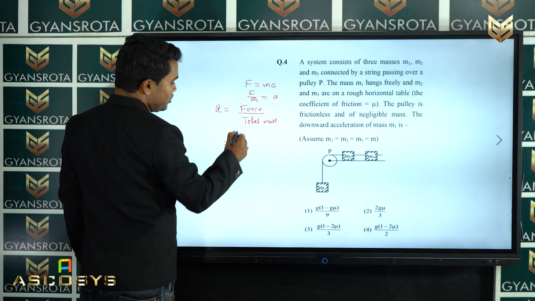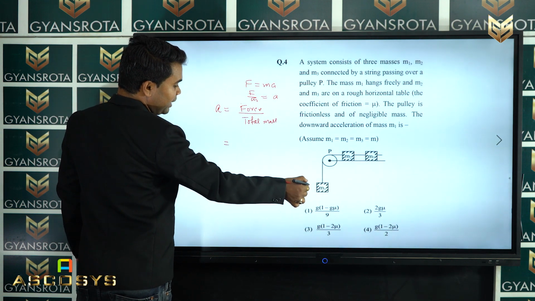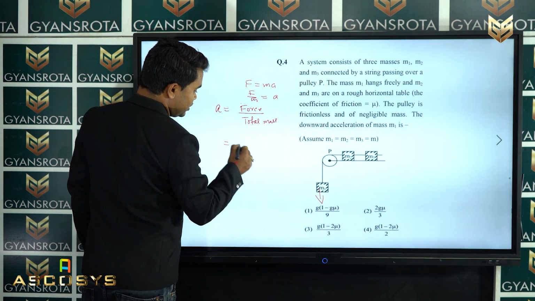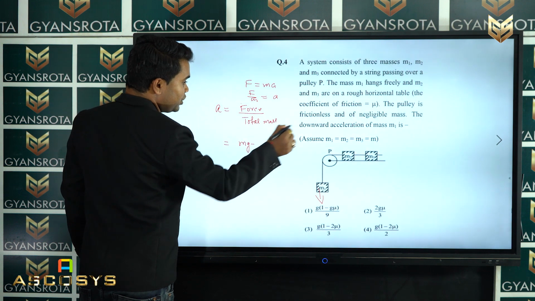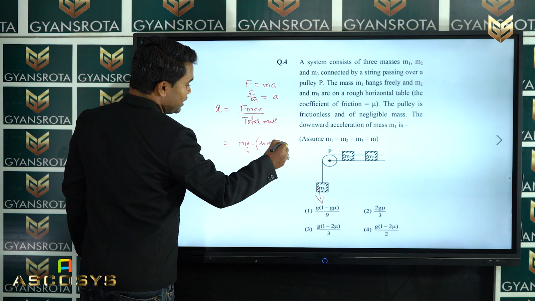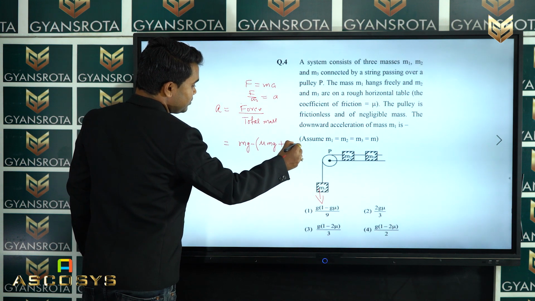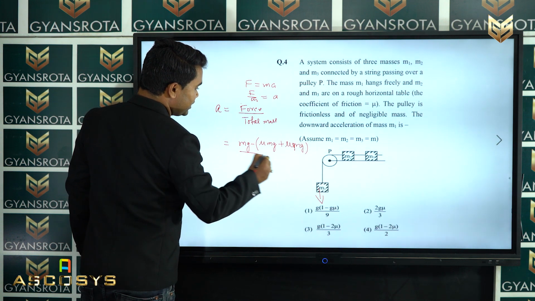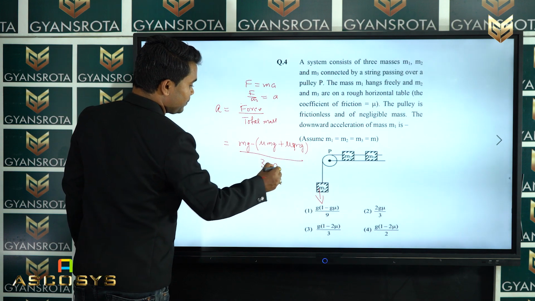So, the force is mg for this one, and for these two, due to the coefficient of friction, mu mg plus mu mg, divided by the total mass, which will be 3m.